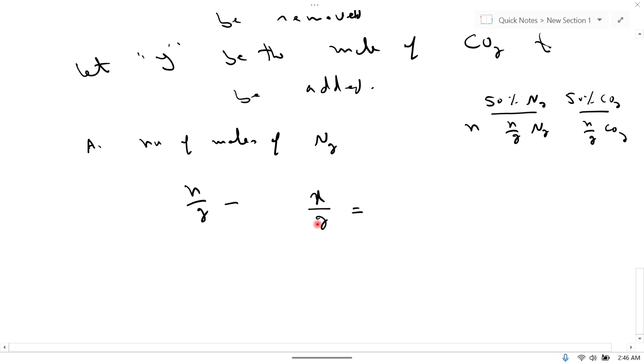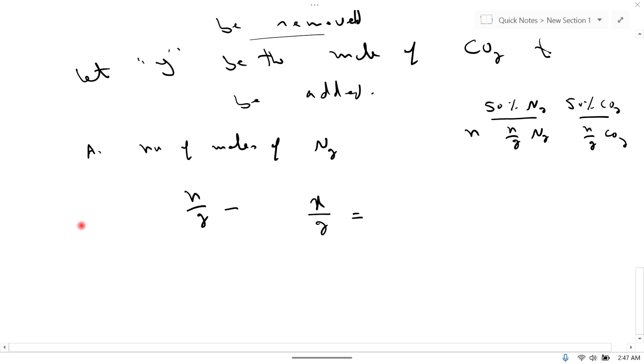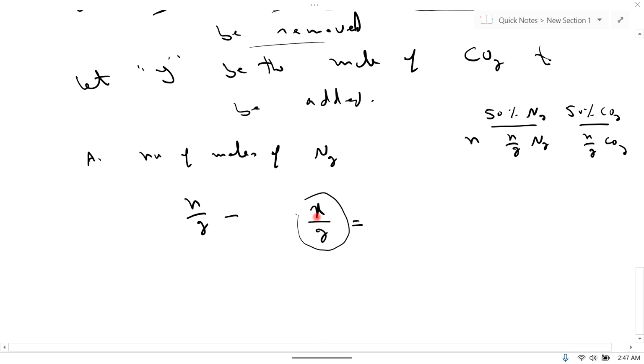The total moles to be removed is x, as x is the mole of mixture. So only x by 2 of nitrogen will be removed, because the total mole of the mixture is x and it contains nitrogen and carbon dioxide. So nitrogen to be removed from the mixture is x by 2. So this is n by 2 minus x by 2.